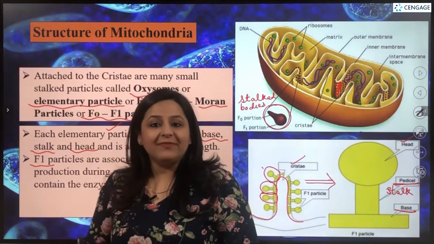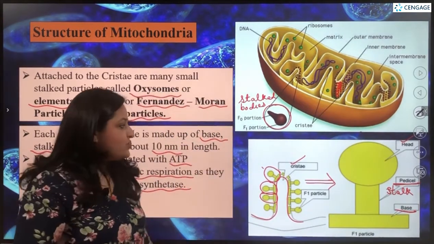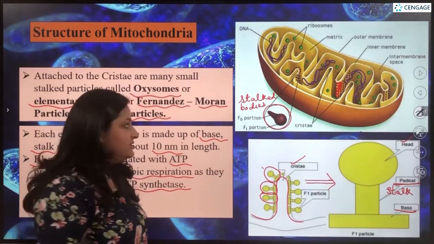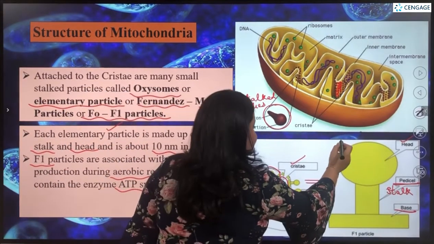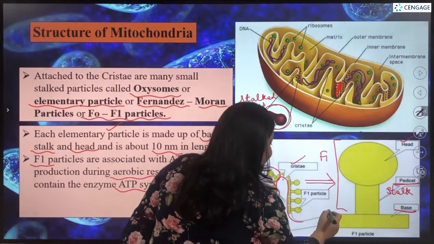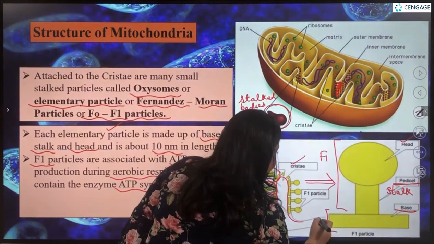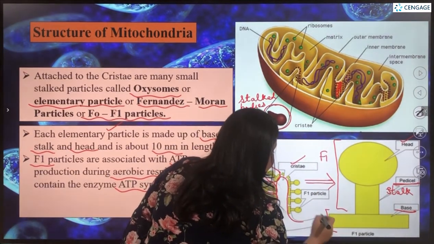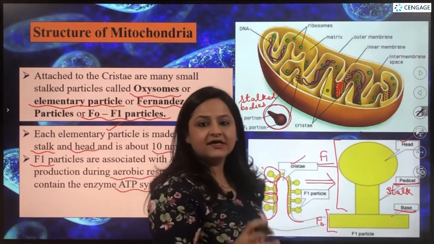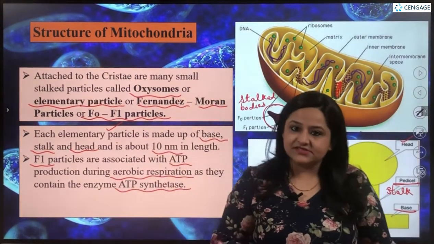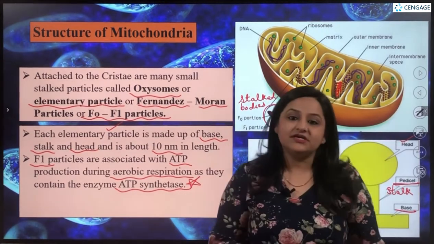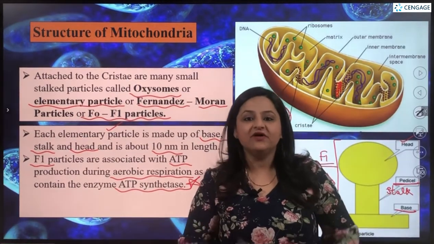So ATP formation takes place here in the F0, F1 particles. This portion forms the F1 particle, whereas this portion forms the F0 particle. And it is here in the F1 that the enzyme for ATP synthesis, that is ATP synthetase, is present, which helps in the production of ATP.